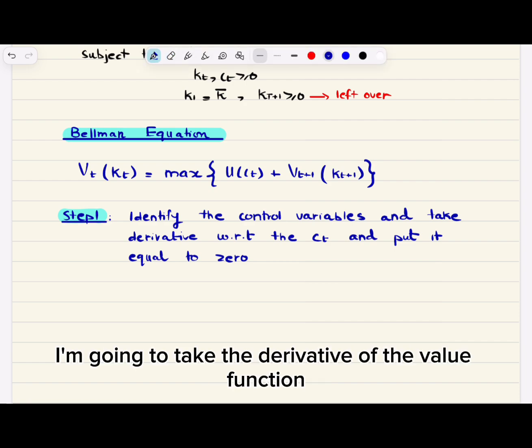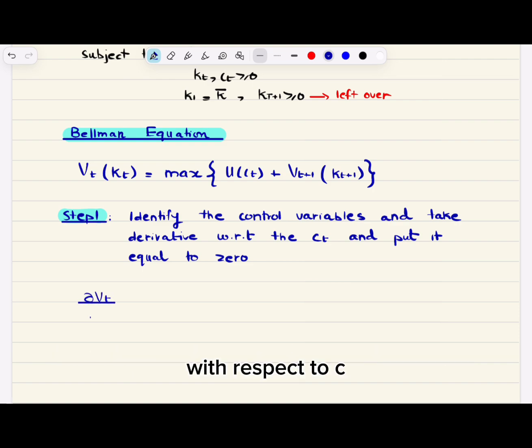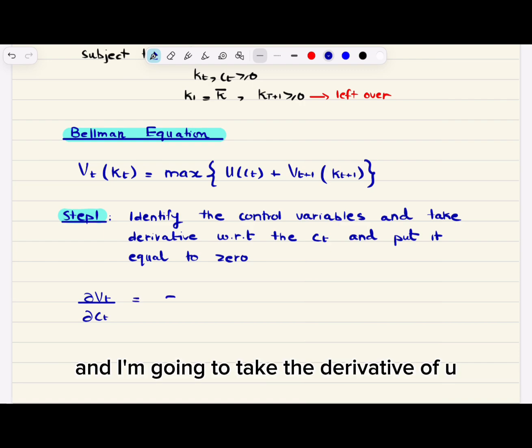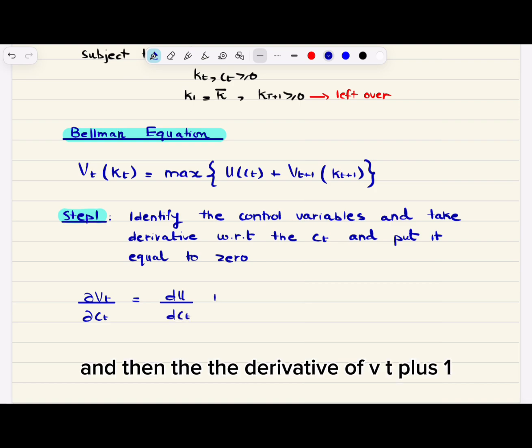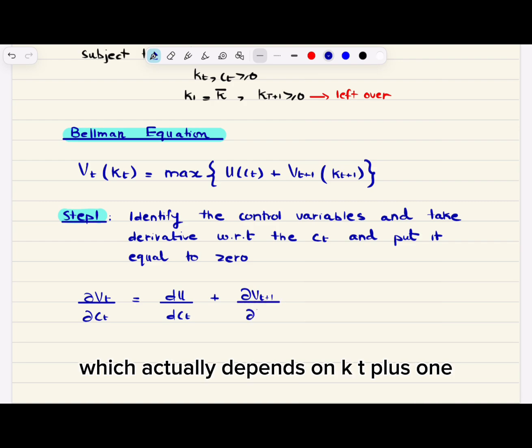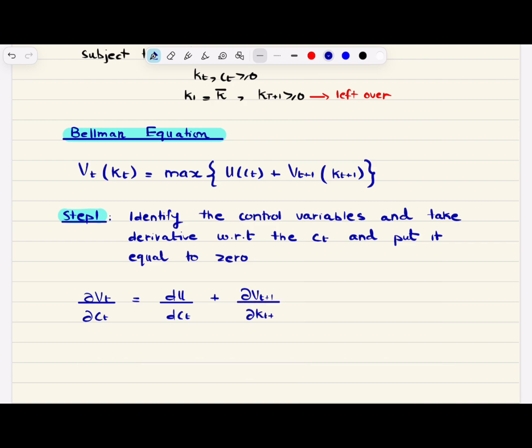So I'm going to take the derivative of the value function with respect to C: the derivative of u, which depends on C, and then the derivative of V t plus 1, which depends on k t plus 1, and k t plus 1 depends on c t.